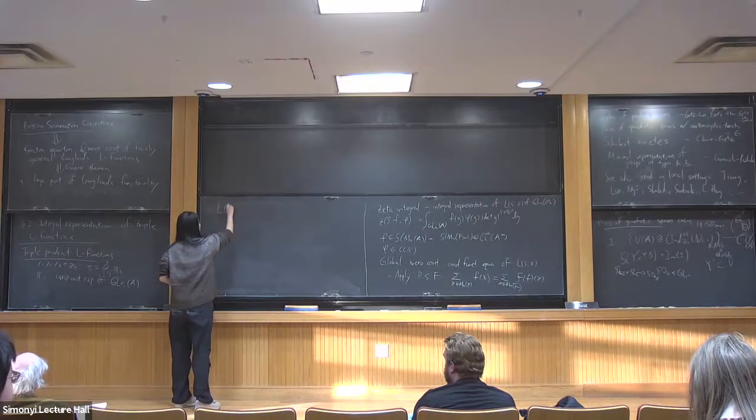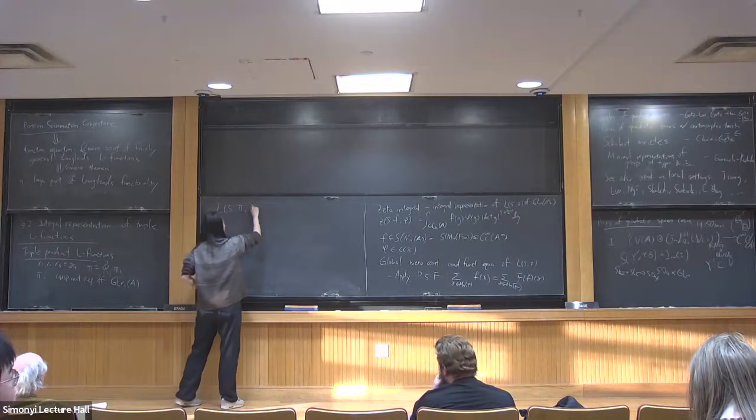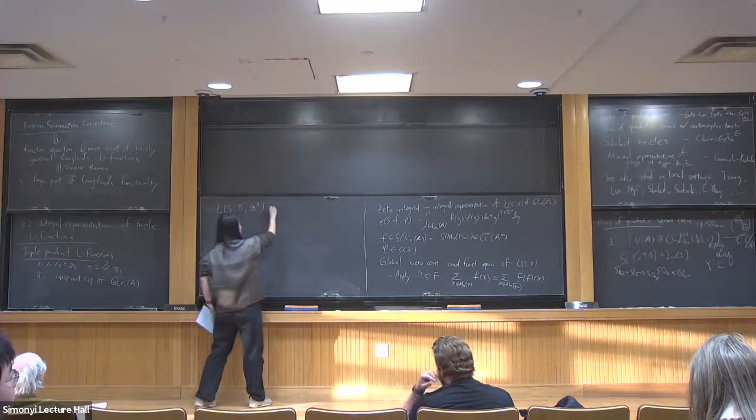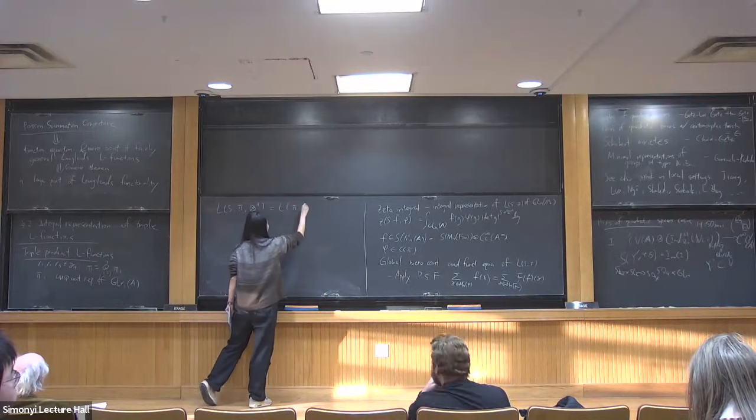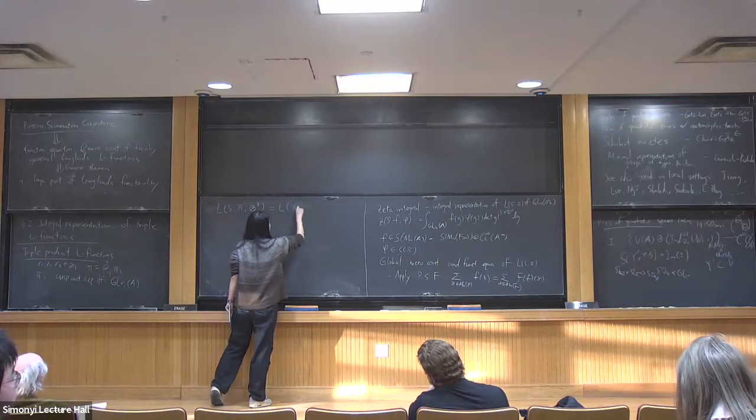So we built L as pi tensor 3, a triple pi L-function, which we also write as pi 1 cross pi 2 cross pi 3.